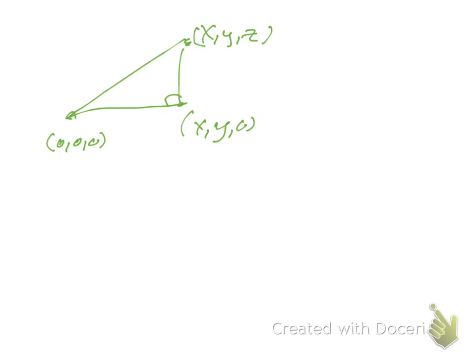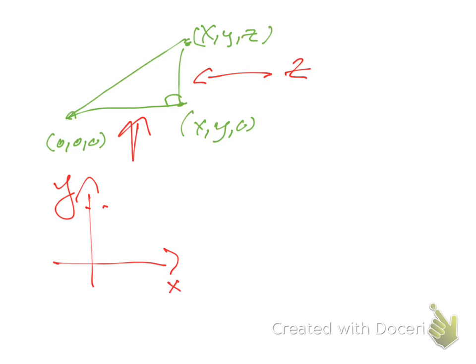So as before, and I'm doing this in red again, this line has length z. And so the real interesting question is, what's the length of this line? So if we draw the xy plane, here's x, y, 0, and here's 0, 0, 0.